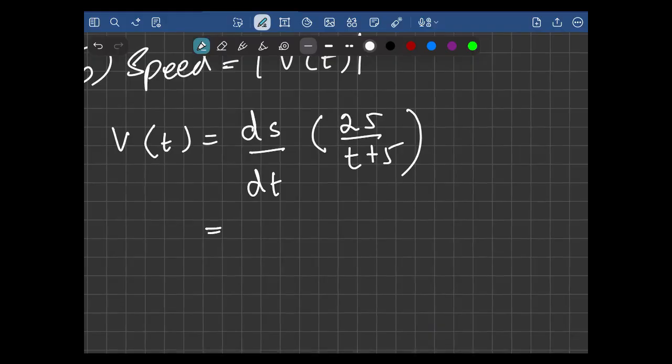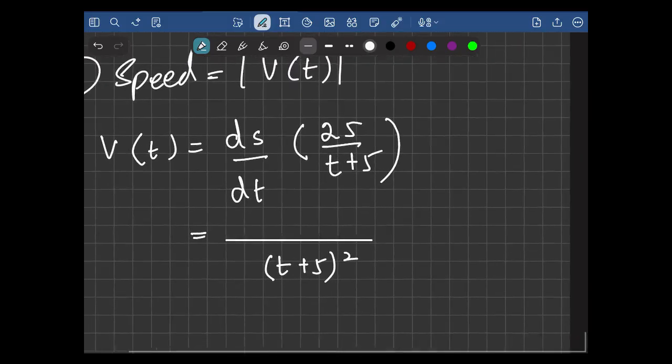Actually, it's very easy with the quotient rule for right now, but later on we will be introduced to the actual concept, the formula and understanding afterwards. Okay, so we just write the denominator as it is, and then we take the square of the denominator. That's how we take the rate of change of displacement with a fraction here. Remember using the quotient rule. So t plus 5 squared, which is the square of the denominator.